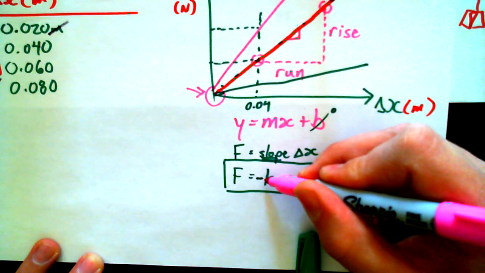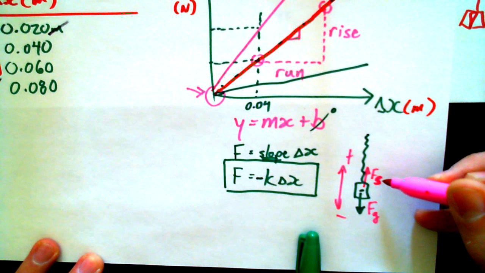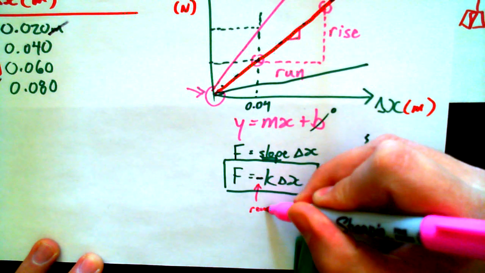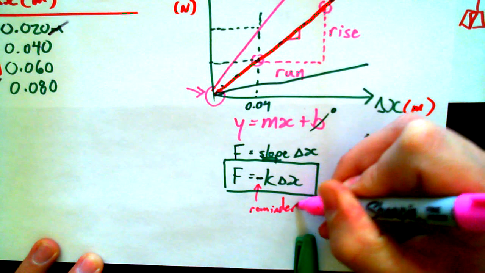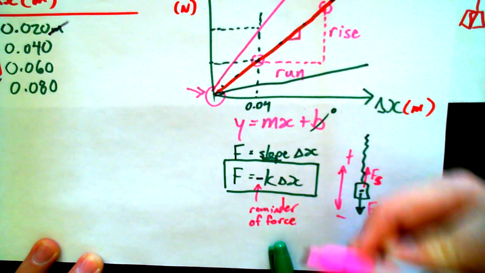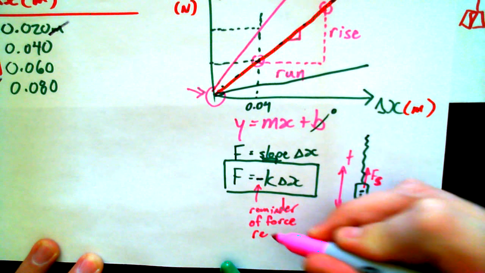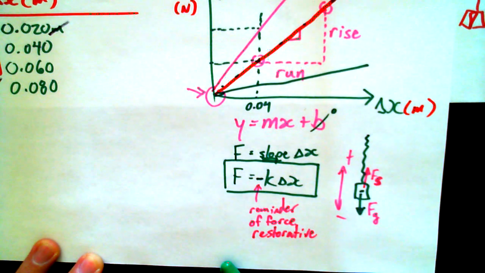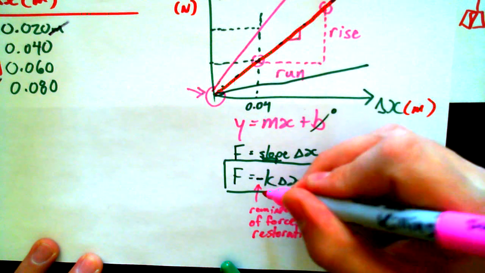That negative sign is not to force your hand in saying whether Fs is positive or negative. It's to remind you of the force being restorative. That's all it is. It's not a forced sign. You just have to know what it means.